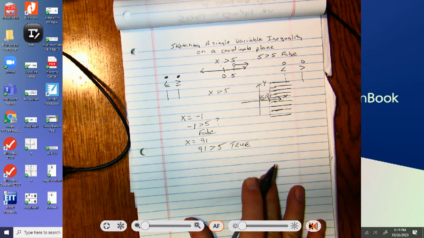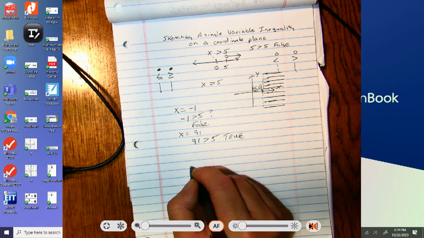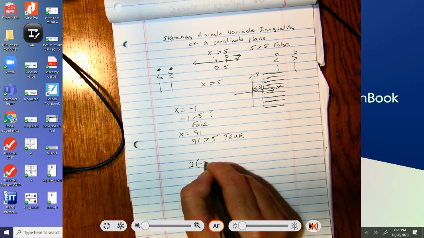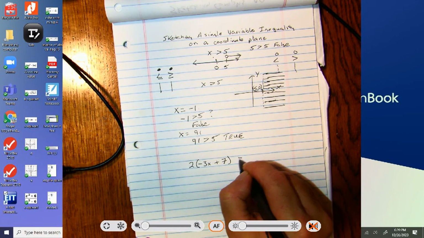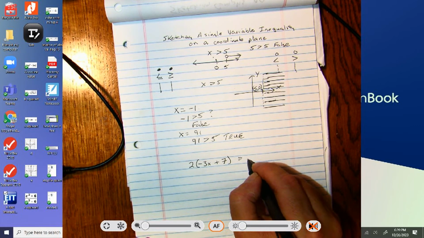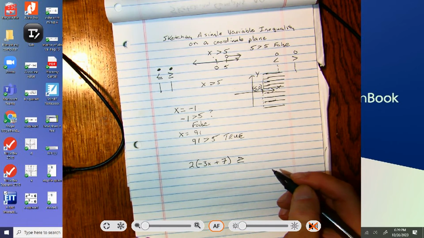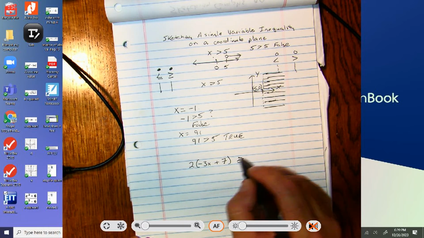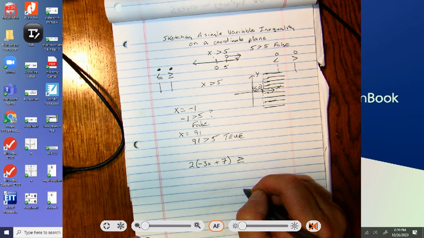1,742 years. So let's start with an equation. My favorite equation in the world is what we will do: 2 times negative 3x plus 7, and we're going to do greater than or equal to, and the answer I'm waiting for you to give.